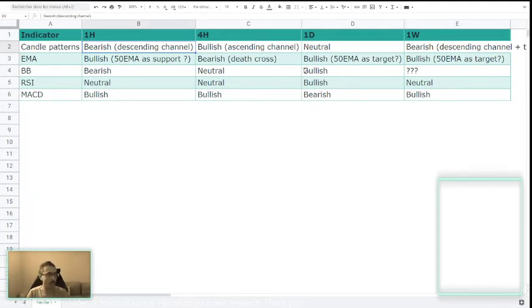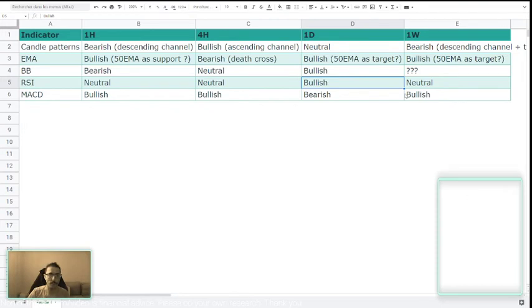What is the key takeaway now that we have done all of this? The key takeaway is, if we are looking at the long term, weekly and daily, we are seeing some more, I guess, bullish information. Which means at some point in the next weeks, months, Bitcoin will go up.